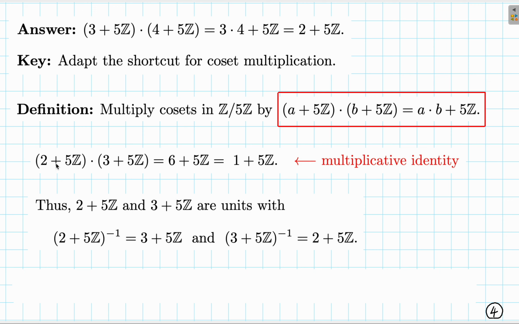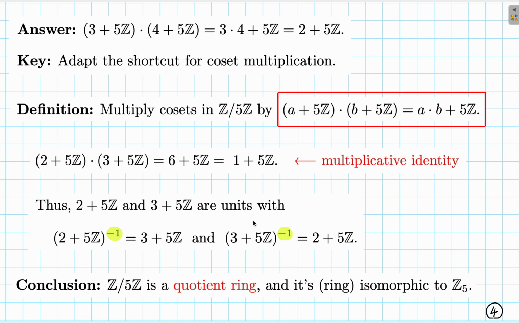And we write (2 plus 5Z) to the minus first power. In other words, the multiplicative inverse of 2 plus 5Z is equal to 3 plus 5Z. And similarly, the multiplicative inverse of 3 plus 5Z is equal to 2 plus 5Z.